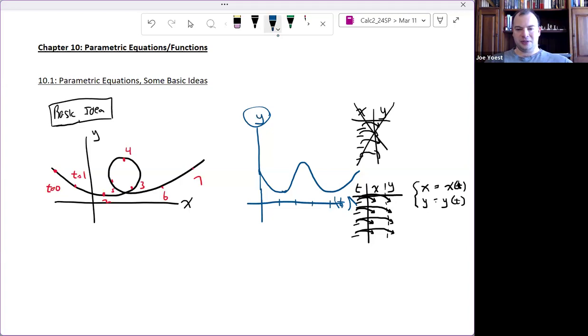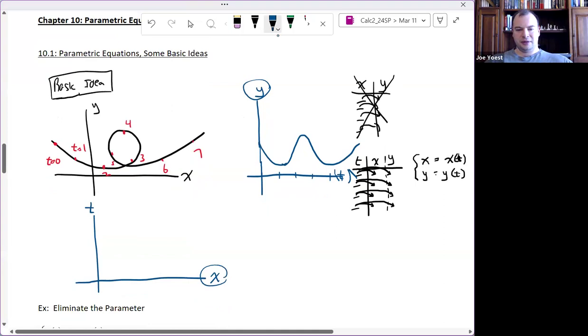And then what would x look like in terms of t? I'm going to draw this one a little funny. I'm going to draw it kind of sideways. Here's the t-axis. Here's the x-axis so that we can kind of trace along what's happening with x. And we'll have t equals 0, 1, 2, and so on.